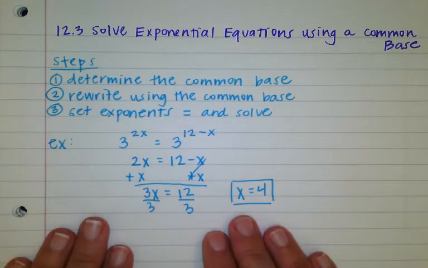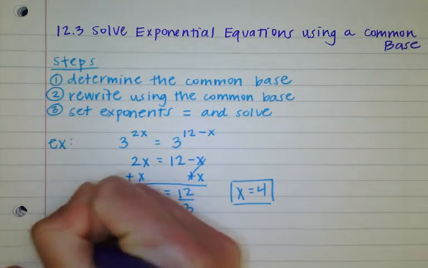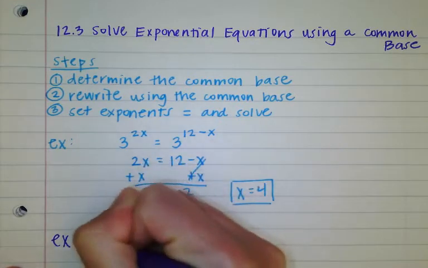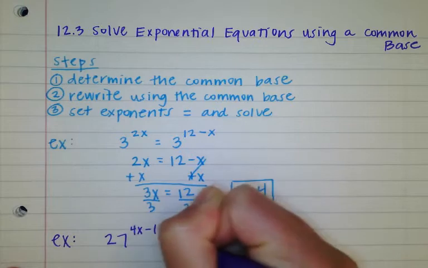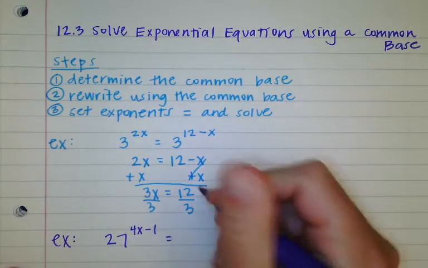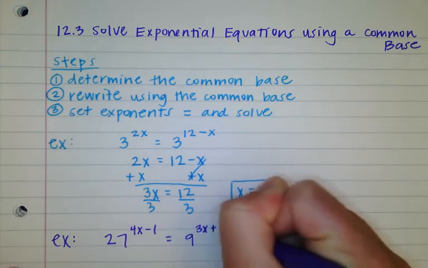Okay, so let's try one that doesn't have a common base to start. So our next example is 27 to the 4x minus 1 power equals 9 to the 3x plus 8 power.